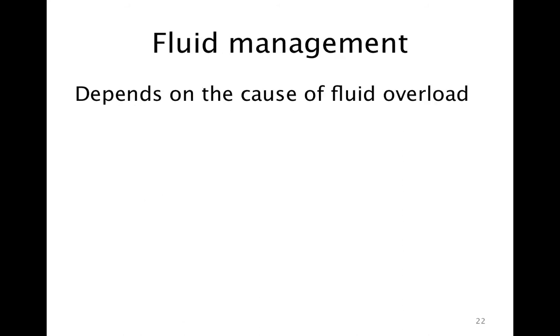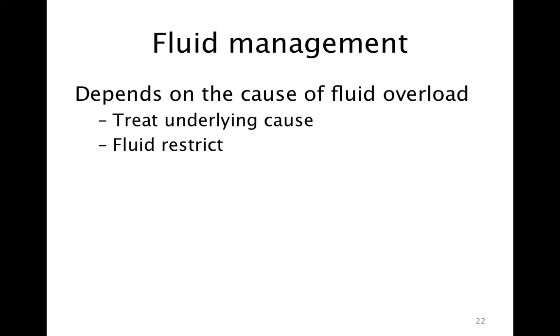The management of fluid overload depends very much on identifying and treating the cause. For this patient with heart failure and acute renal impairment secondary to her tachyarrhythmia, the first step is to treat SVT with DC cardioversion or, if not available, chemical cardioversion with drugs.